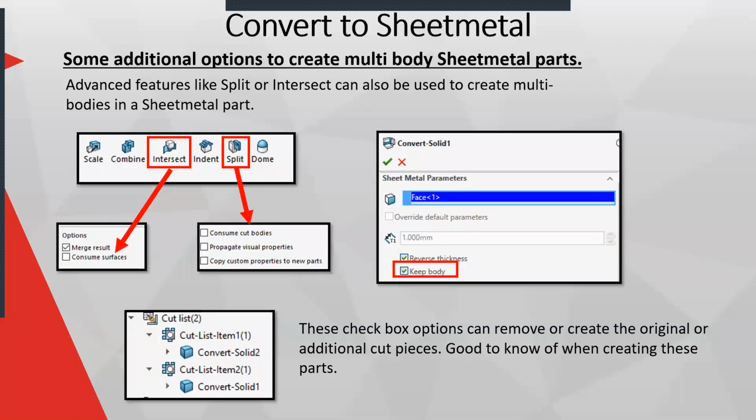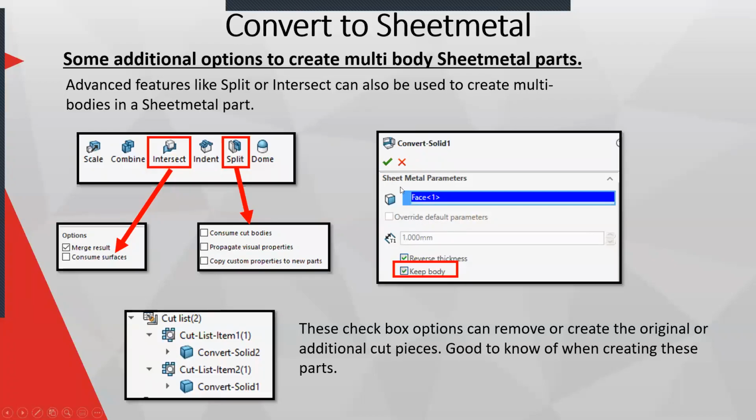Just like to point out, ladies and gents, that there are some settings available within these features to either remove the original body or actually create or remove any of the other features. Just to show you guys, the intersect has got the consume surfaces and the split has got the consume cut bodies. And I'll show you where this comes in a moment.